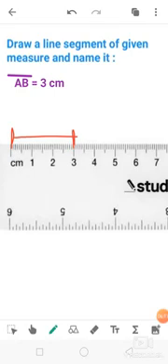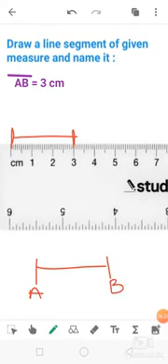After drawing the line in this manner, 3 centimeter. This is just for example I am showing. You are going to name it A, B, and then you have to write what is the measurement. It is 3 centimeter.